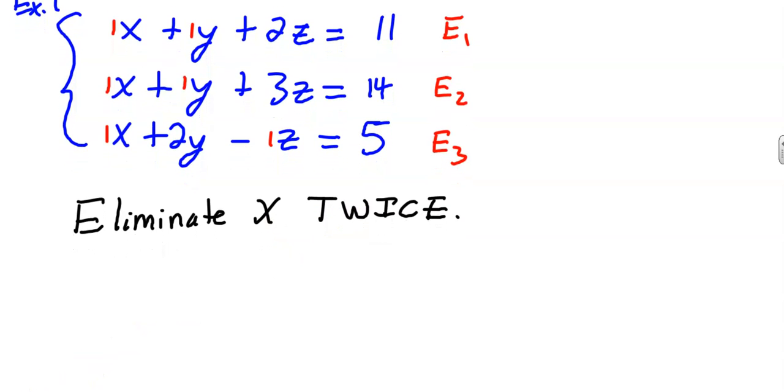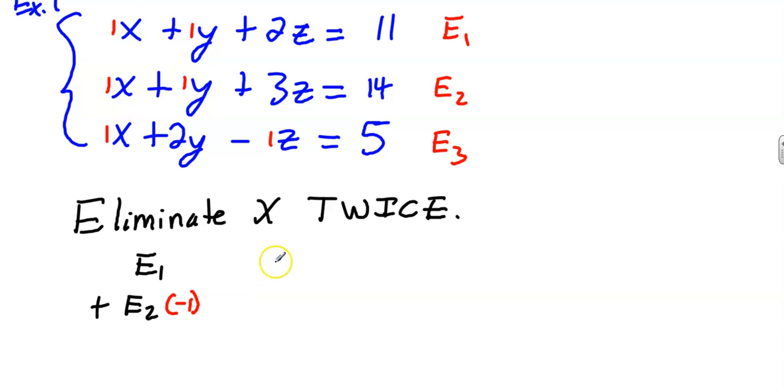Okay, so if we're going to eliminate X twice, let's take equation 1 and equation 2. Now, they're both positive, so you've got to pick, doesn't matter which one, and multiply one of them by -1. I'm going to pick the second one just so the negative's on the bottom. Doesn't matter which one you pick, but just pick one and go with it.